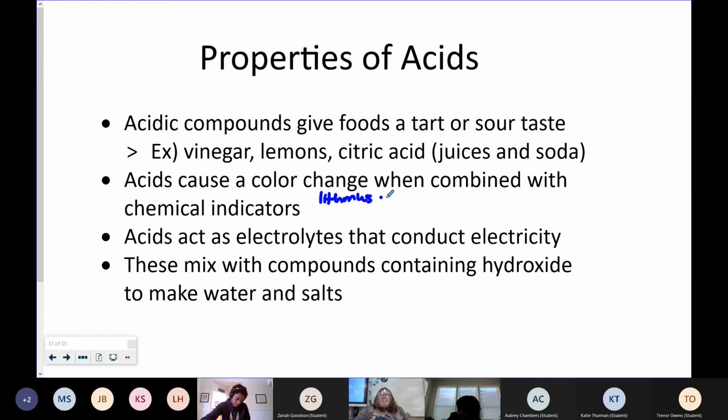And with acids, they turn a red color. So that's one that you may have used before, where you take the little pH strip, dip it in there, and look at what color it changes. An indicator that you may not have used before, and this is one that we're going to use in that indicator lab, is phenolphthalein.